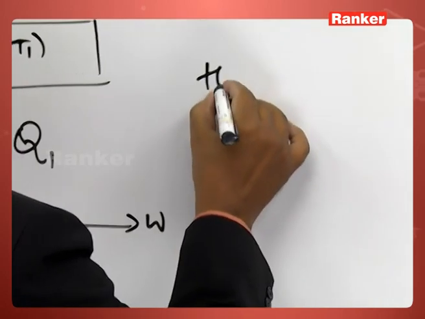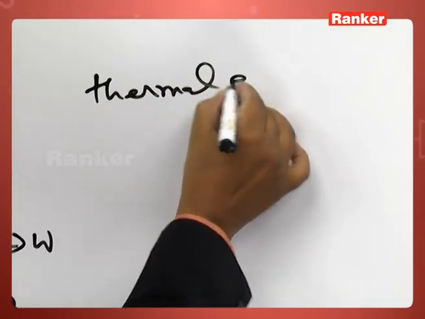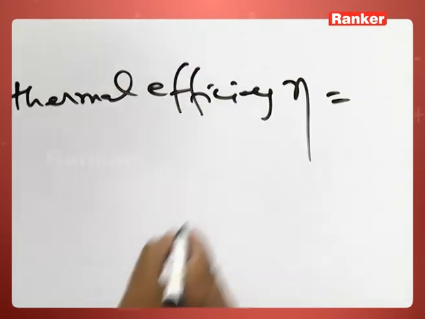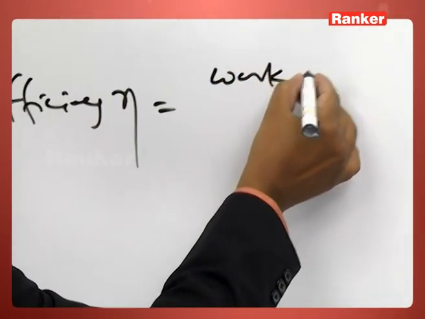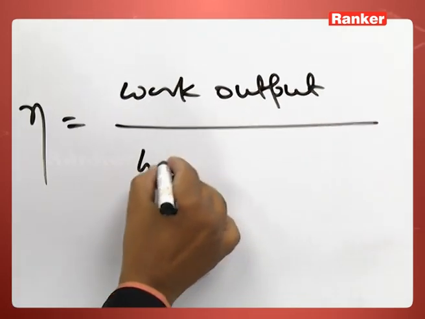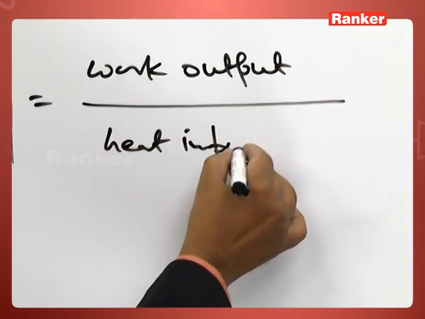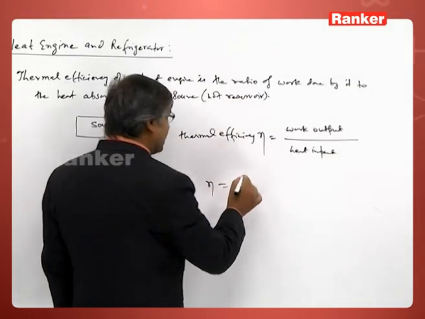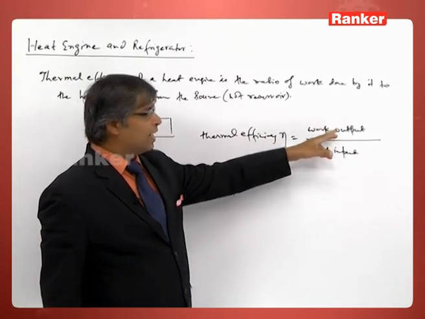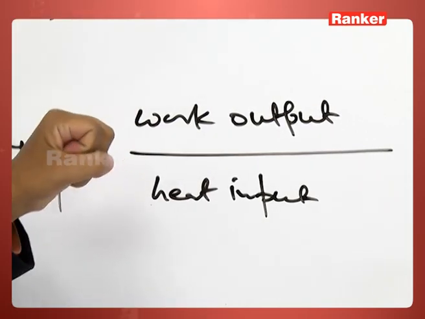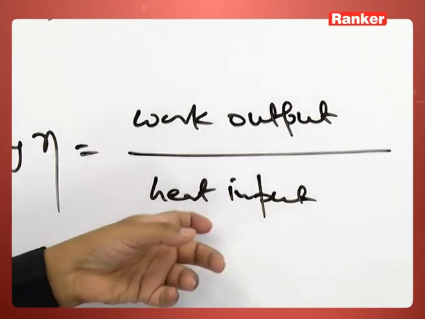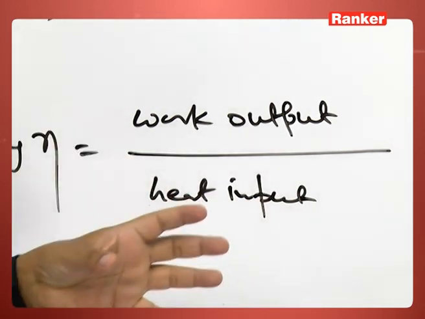So we define thermal efficiency, eta, as work output by heat input. The general rule of defining efficiency is, here work output means what we get, the final output, and here we put those things for which we should pay the bill.